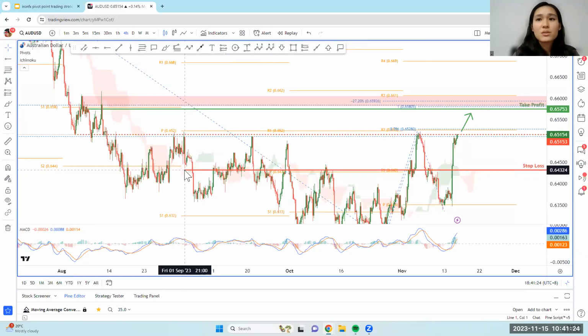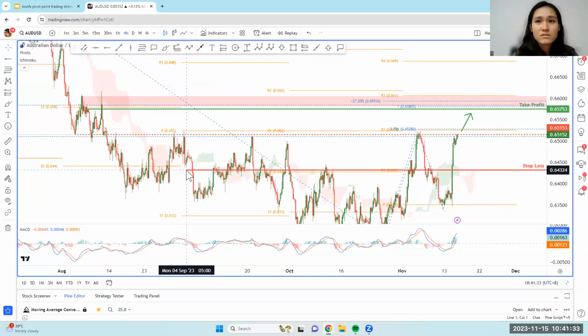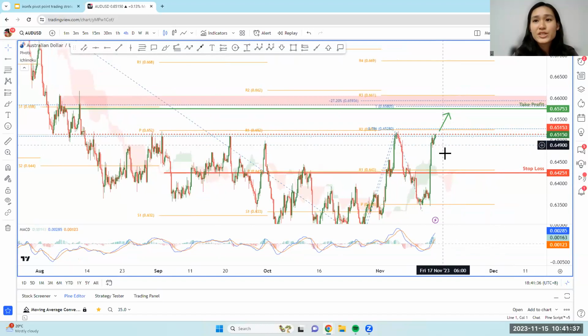For stop loss, we recommend placing it below any major confluence areas. So in this case, we'll place it here, just in case price reverses, so you won't get stopped out from here.